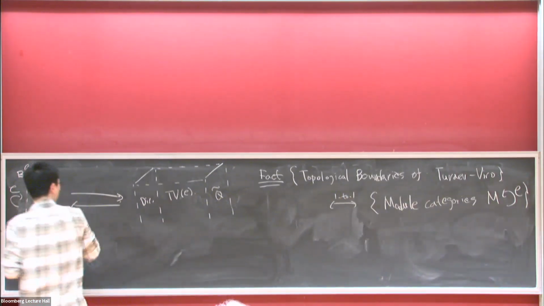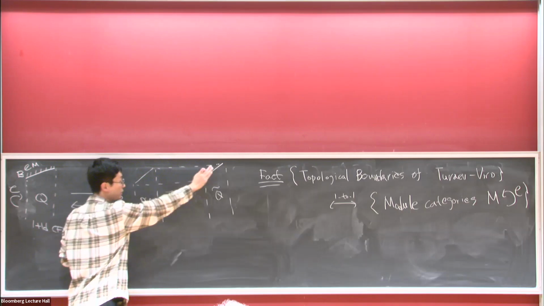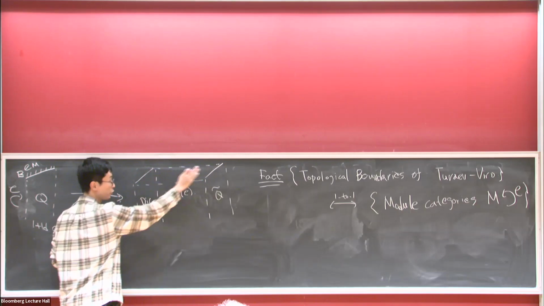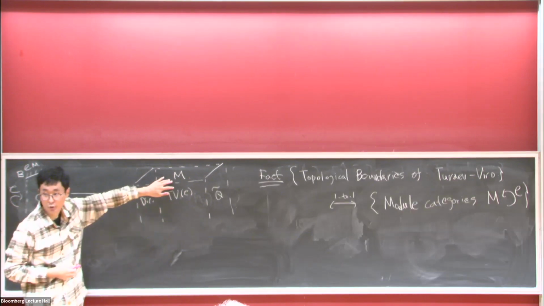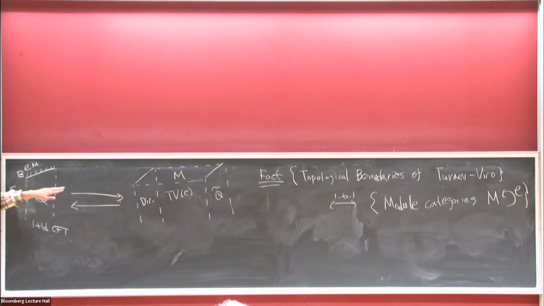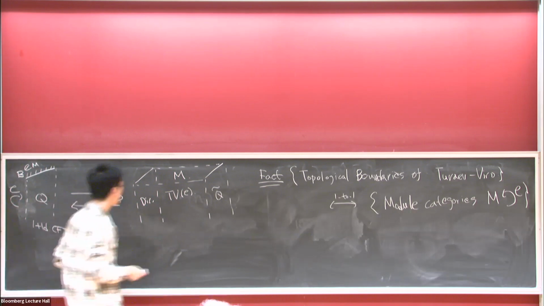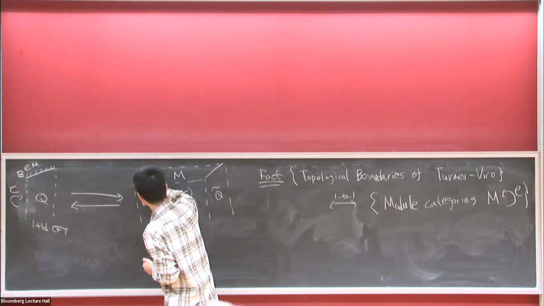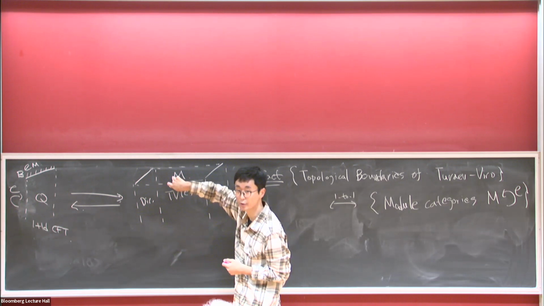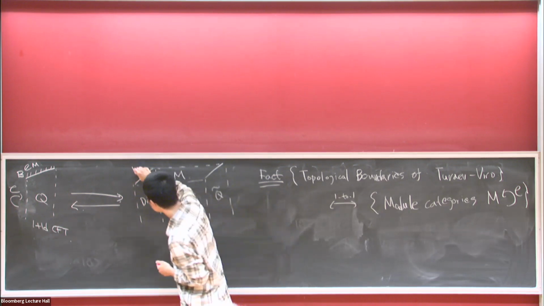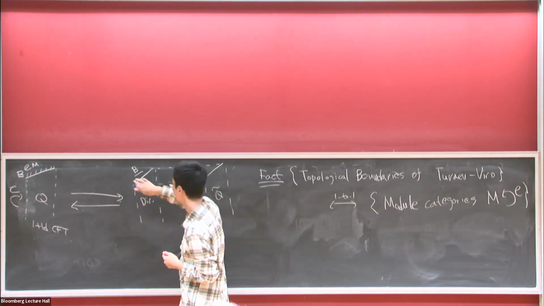The proposal is that on this side of the TQFT, we have another topological boundary condition. It's precisely labeled by this modular category M, which on the 1+1D side was the multiplet of this conformal boundary condition. Now here we have an interface between this boundary and this modular category boundary condition M. This is a topological interface.